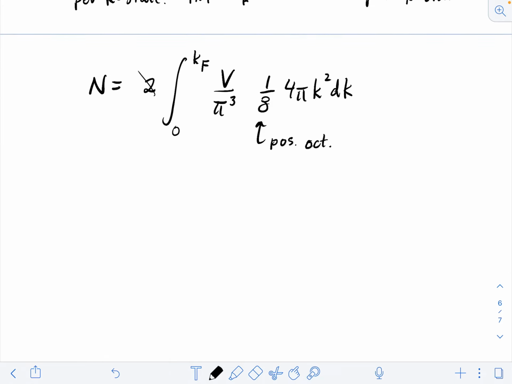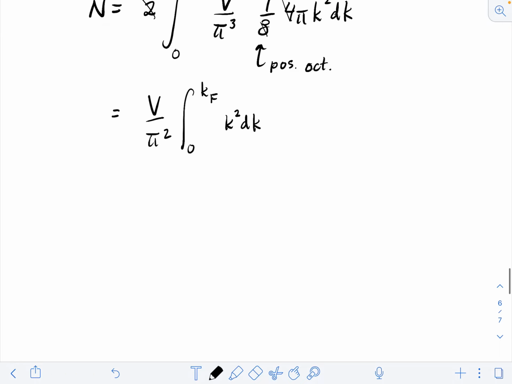And so let's see, the 2 and the 4 cancel with the 1/8, and there's one factor of pi that cancels, and so we end up with V over pi squared, the integral from 0 to k_F, and then we have k squared dk. Okay, so now we're going to do some manipulations here.